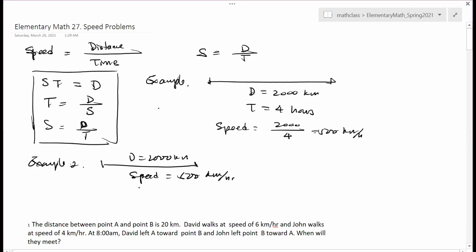Then you can figure out the time. The time is going to be the distance divided by speed. Okay, look at the formula. So it's 2,000 divided by 500, so you get 4. So it takes 4 hours to travel from one point to another point.